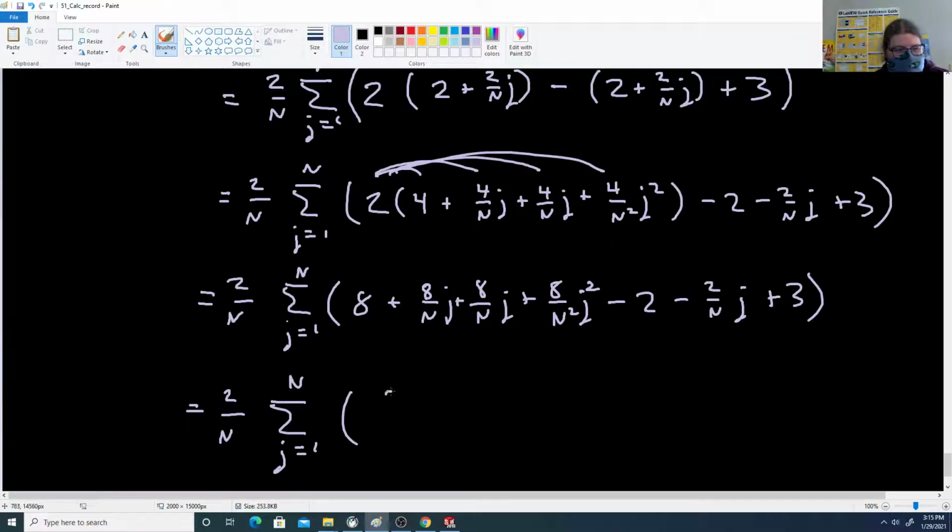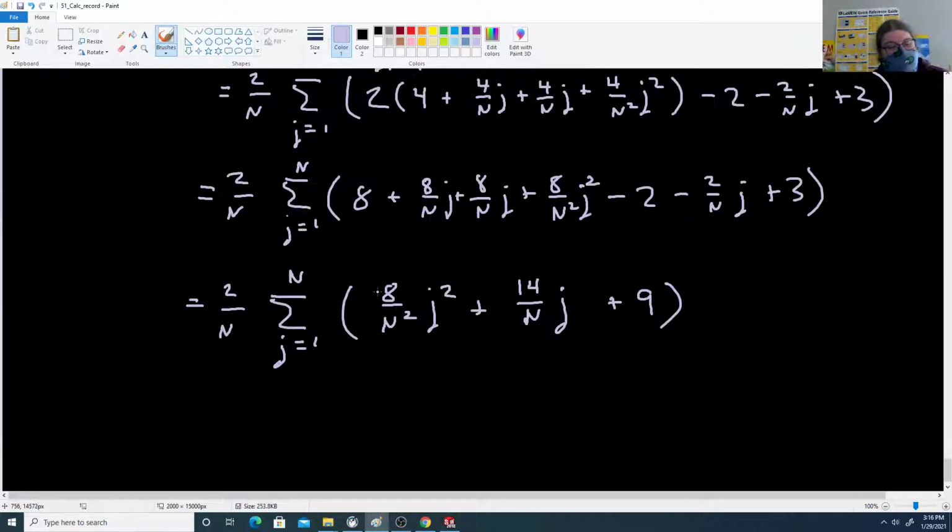So I get 8 over n squared j squared. I'll get my j to the first power term next, so I have 8 of them, plus another 8, 16, take away 2, 16 take away 2 is 14 over n times j. Then 8 take away 2 is 6. 6 plus 3 is 9. So we get this expression here at the moment, I think.